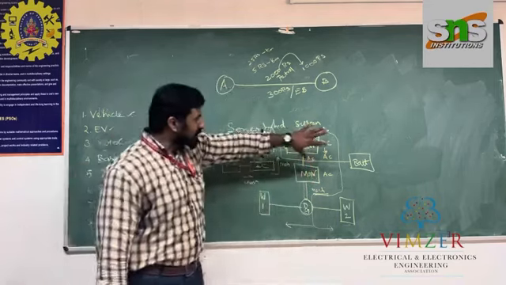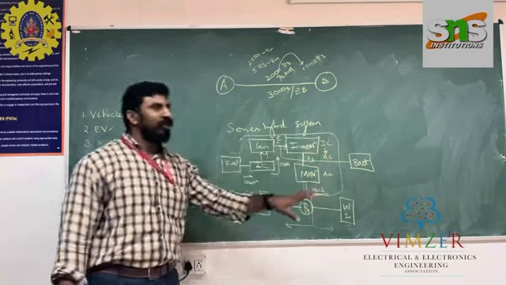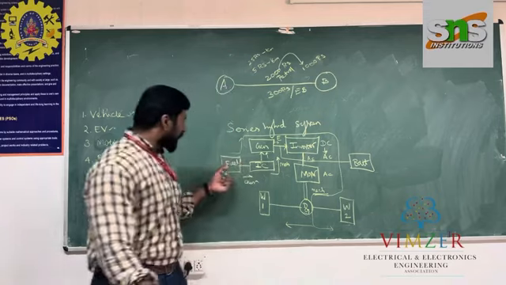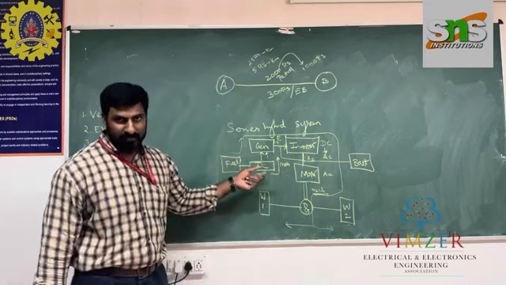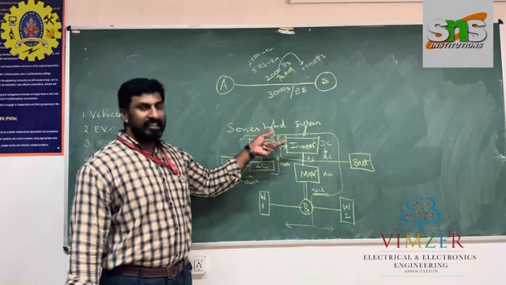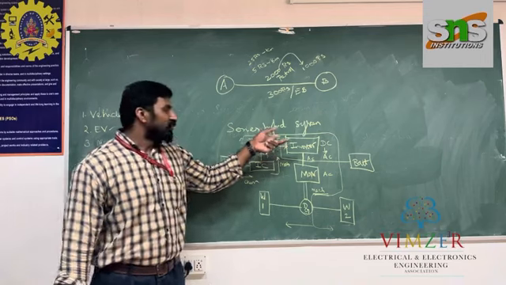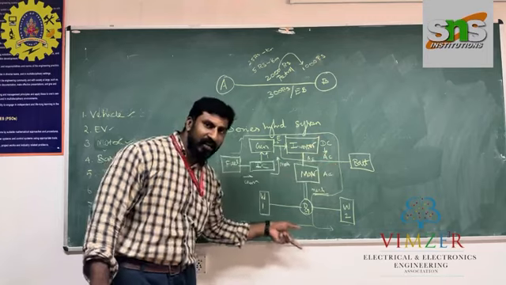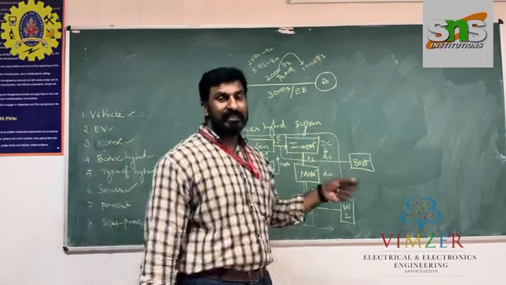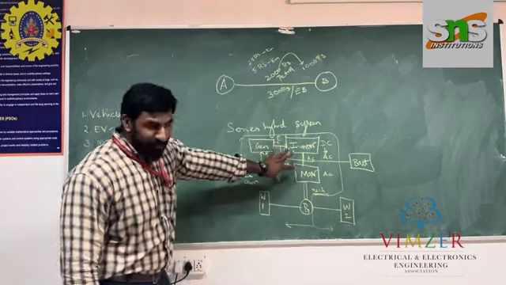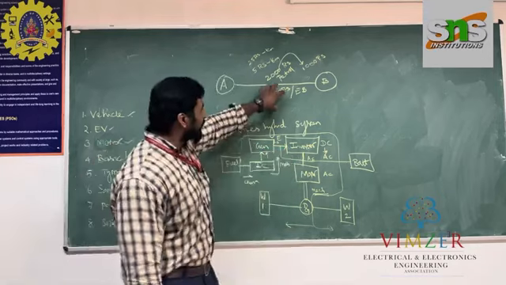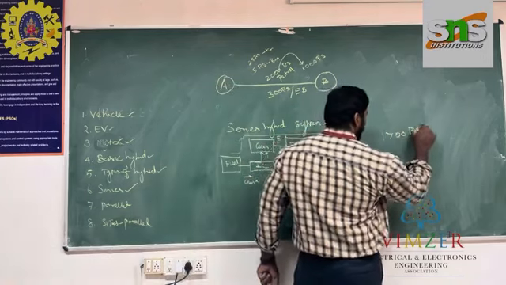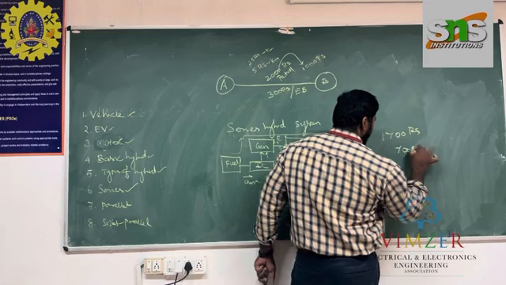Once the battery goes below 50% or 40% of SOC, our engine will automatically start again and deliver electricity. The battery will charge again and the motor will also run. This is called a series system. When I implement this series system, I can reduce the loss from 1700 rupees to 700 rupees.